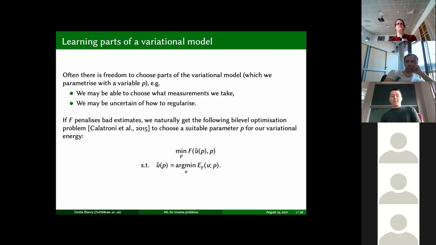So if we have some kind of gold standard to measure a reconstruction against, we are naturally led to this bilevel optimization problem. We want to minimize the badness of our reconstruction and maybe penalize certain parameters, while this reconstruction has to satisfy the variational regularization problem.